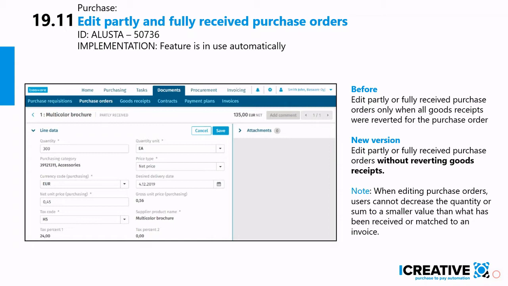Now with the new version, you can change the purchase order without reverting the goods received. That's a big help, because you don't have to do all your work again. And of course, there is a note: the price or the received value cannot be lower than the goods received or the matched invoice already.